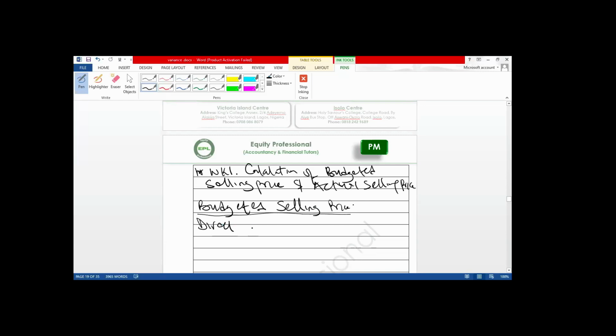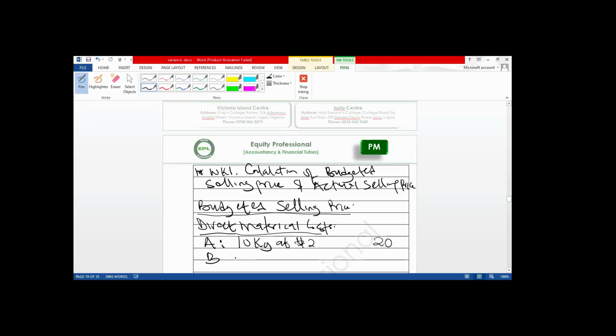Direct material cost. You have two materials. We have material A. To produce a unit, we require 10 kg at a price of 2 naira per kg. That will give me 20 naira.